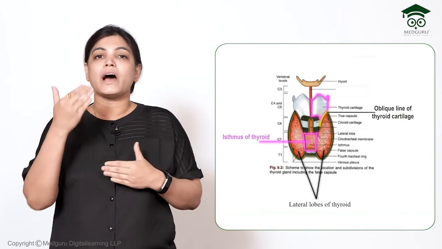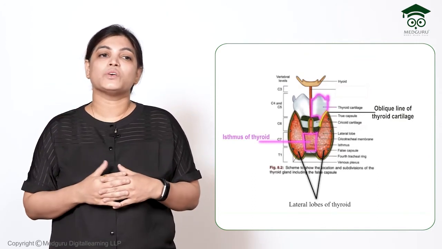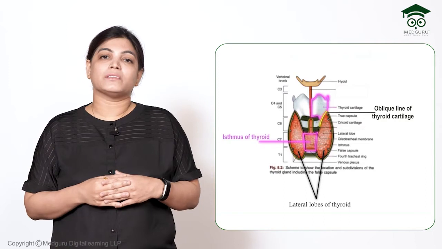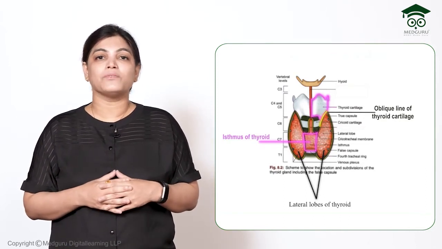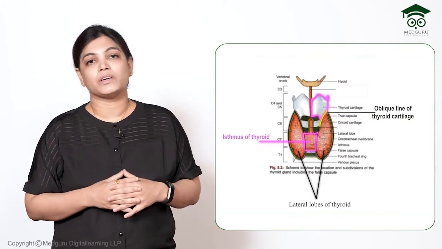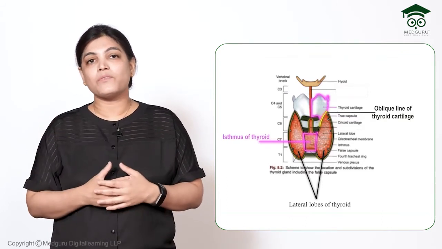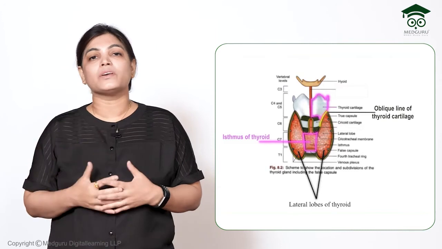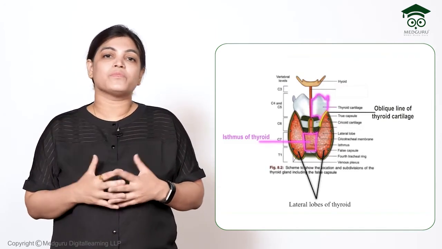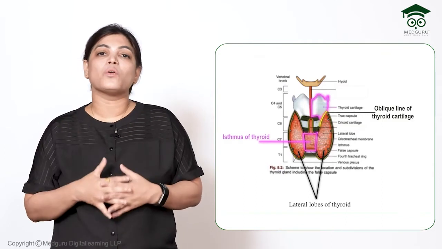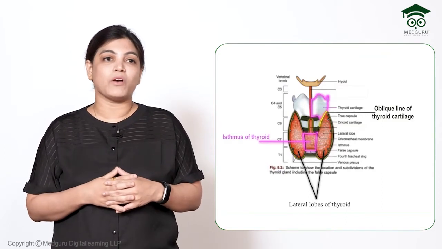When you see the thyroid gland from the posterior aspect, you can see two pairs of parathyroid glands, meaning two superior parathyroid glands and two inferior parathyroid glands. It is often asked as a viva question from which part the superior parathyroid gland develops and from which part the inferior parathyroid gland develops. So it develops in close relation with the pharyngeal pouches.